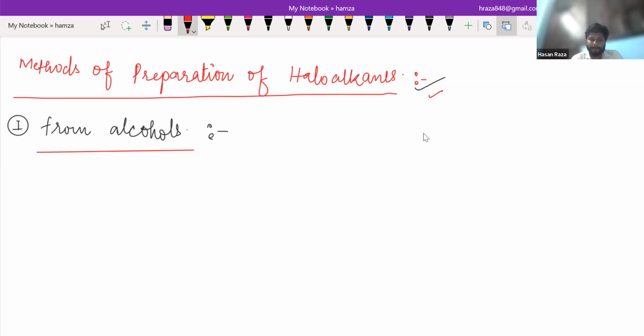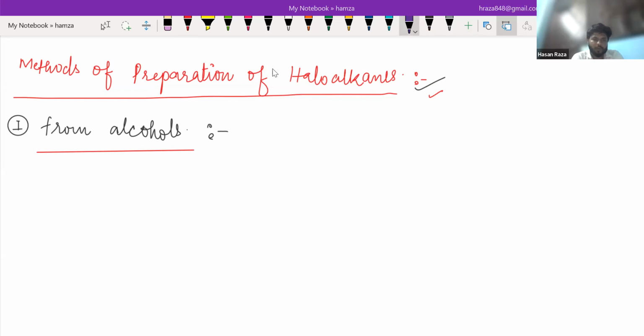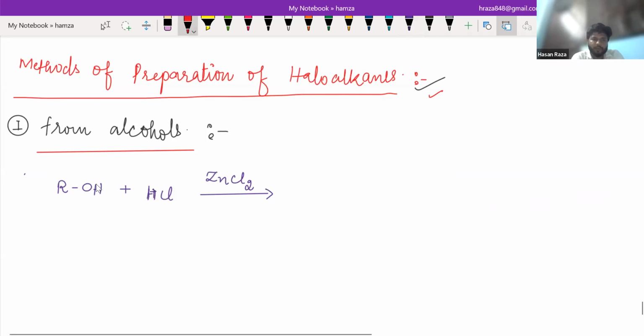Are you done with this? Yes, sir. Now see what happens here. So the first method is from alcohols, and in this alcohol ROH reacts with HCl in the presence of ZnCl2. And what happens here, you can see this OH will be replaced by this chlorine, and it will form RCl.